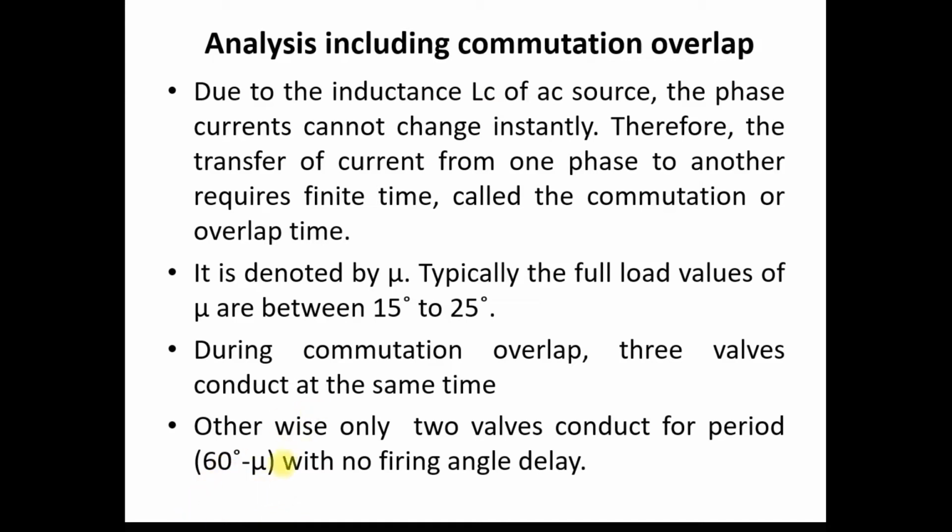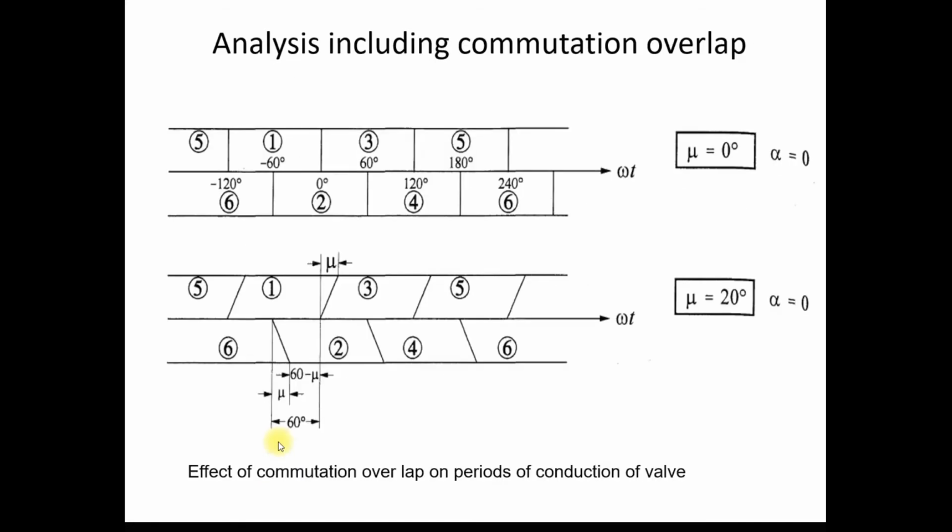So during this mu, 3 valves are conducting and for 60 minus mu only 2 valves are conducting when alpha is 0, with no firing angle delay. If firing angle delay is present, then 2 valves are conducting for the period 60 minus mu plus alpha.